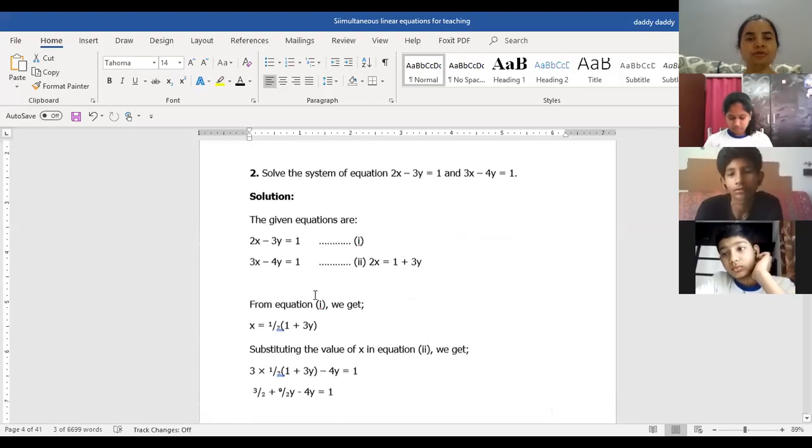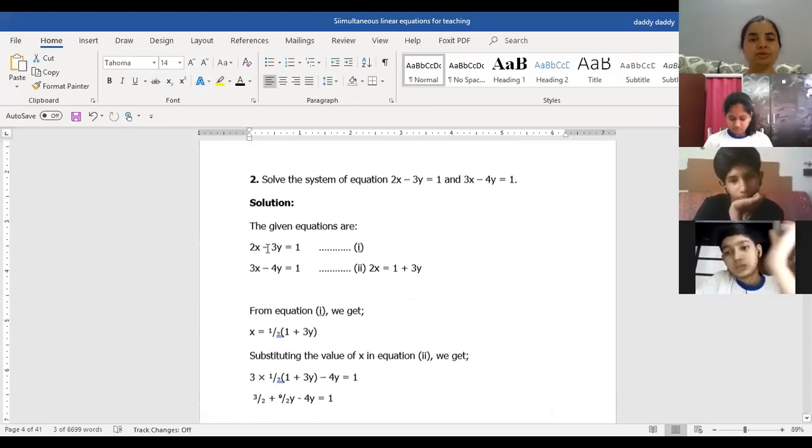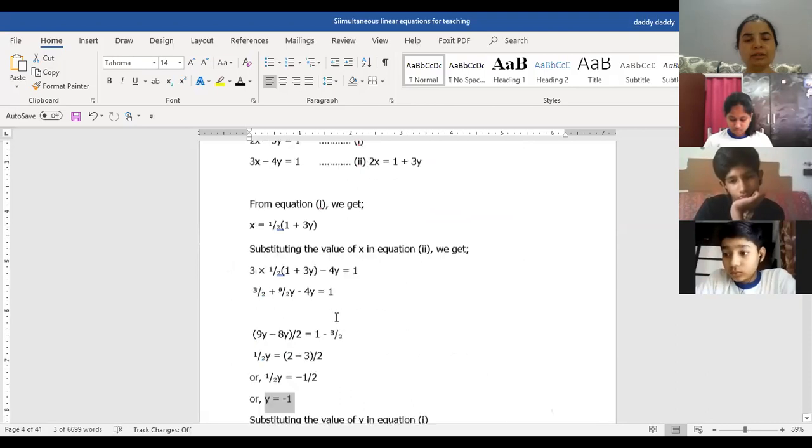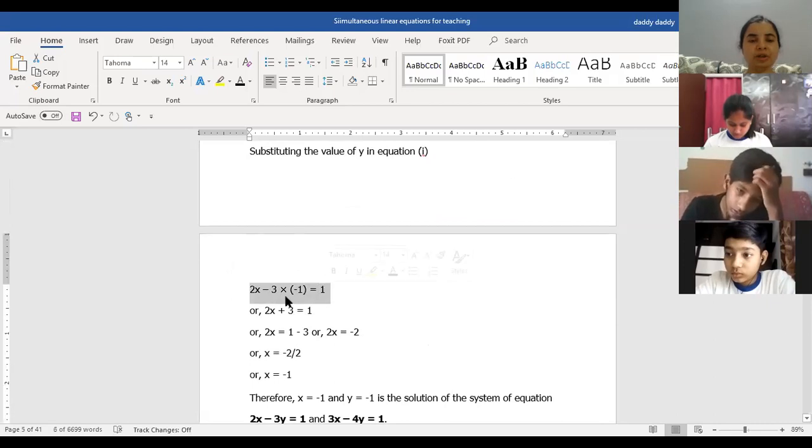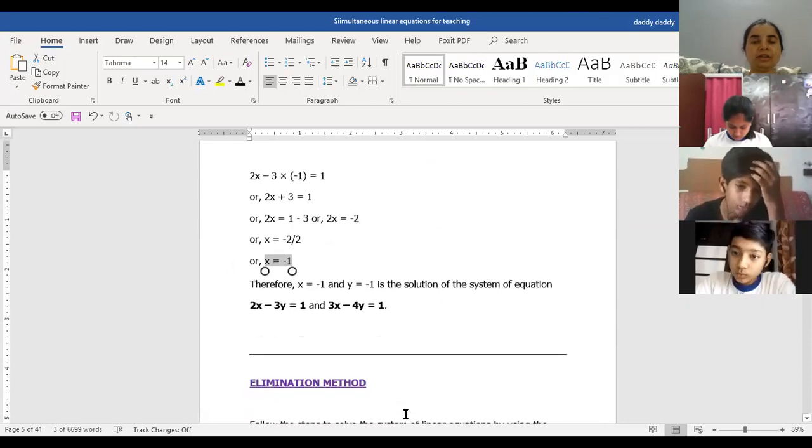So I have chosen the first equation, which was 2x minus 3y is equal to 1. See over here, I have substituted y with minus 1, and now I have got this equation, and hence I got the value of x also. So in this, both variables had the same value, minus 1 and minus 1, and you will write the solution inside the bracket like this.